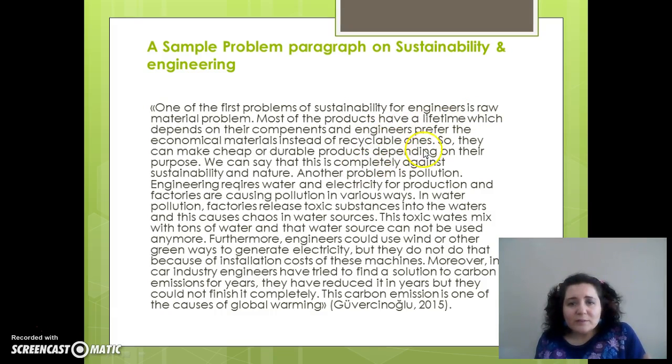And then we see so here, because the writer tells us the consequences of a problem. And here there is another linking word, linking expression. Another problem is blah blah blah. Now, if you look at this, one of the first problems is this, and then she tells us about the causes and the effects and the consequences.